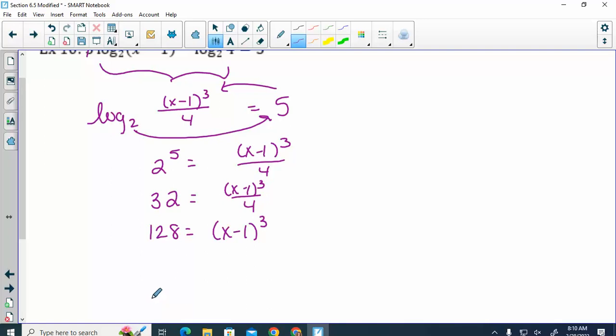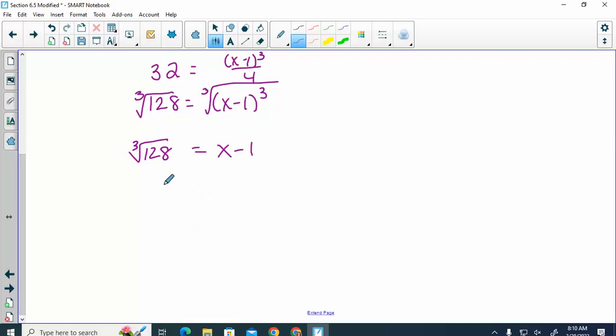All right, what would I do now? You could choose to multiply this all out, but it's not going to be nice. We could just cube root each side. Do I need a plus or minus? No, because it's an odd root. Does this work out perfectly? No, so I'm just going to leave it as the cube root of 128 for a second. And then what would you do to get the x by itself? We have the cube root of 128 plus 1.